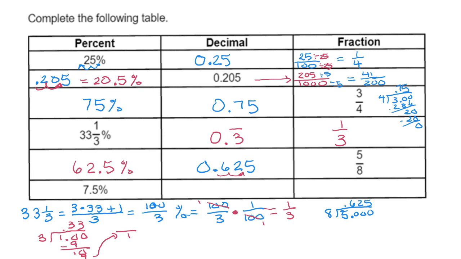Okay, the last one, we're going to take that decimal and move it 2 places to the left and drop off your percent symbol. So this becomes 0.075, which now translates into 75 thousandths.